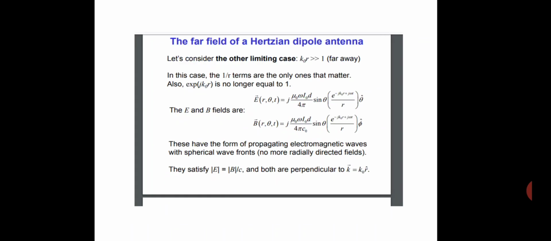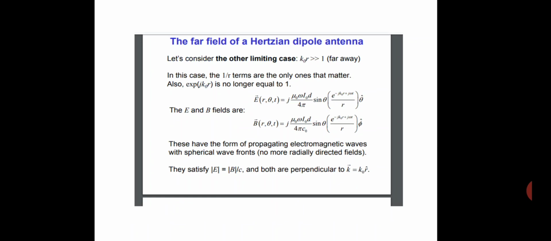The far field of a Hertz dipole antenna is the other limiting case, k₀r very greater than 1, far away. In this case, the 1 upon r terms are the only ones that matter, and e to the power jk₀r is no longer equal to 1.